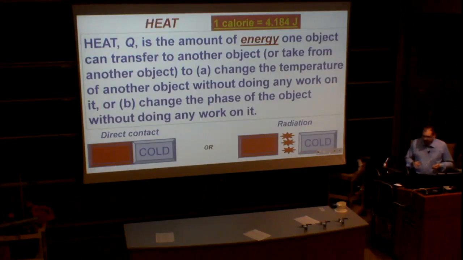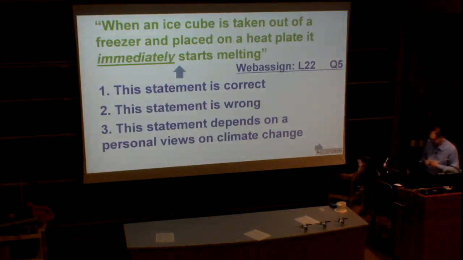And objects don't have to be in direct contact in order to transfer energy. For example, if you bring your hand close to a bulb, you feel the heat. But in all our experiments, we have to place objects together so molecules can interact. Molecules interact and transfer energy.